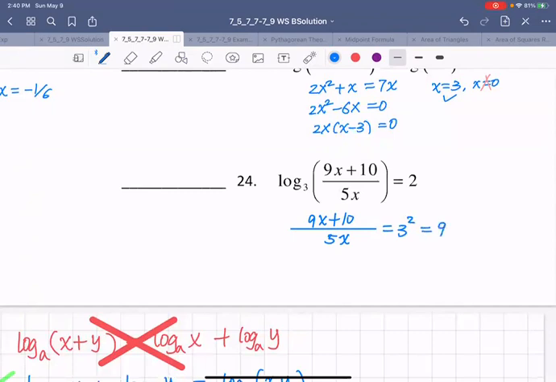And then 9x plus 10 equals 45x. And then 10 equals 36x. That's why you can get x equals 10 over 36, which is 5 over 18.